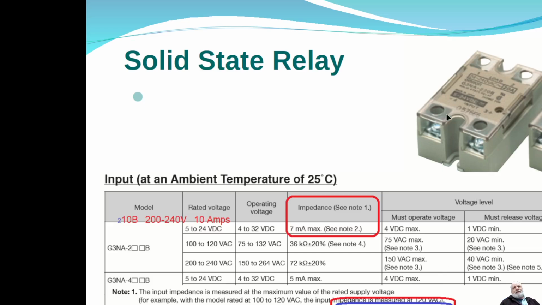When you activate this, it will allow current to run in both directions on the load, so you can actually run AC out of that. But again, to activate this, you're going to need somewhere along the lines of about 10 milliamps to activate that LED.